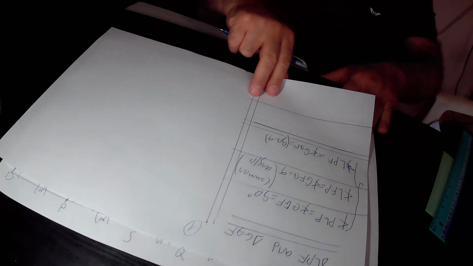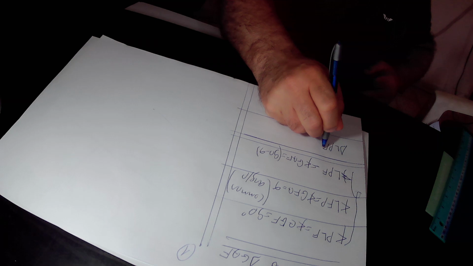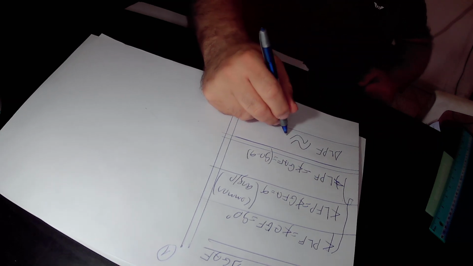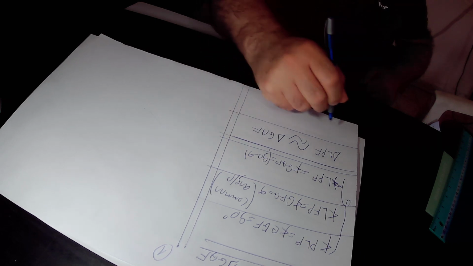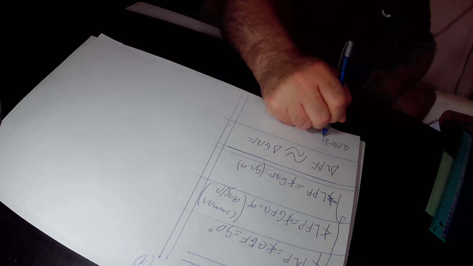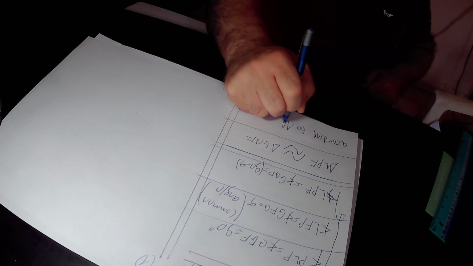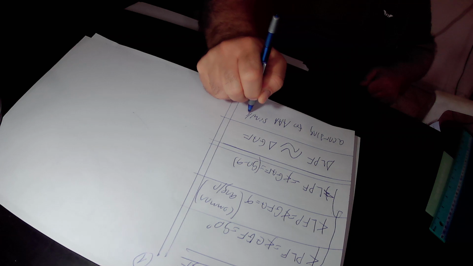We found out that the big right triangle LPF is similar, this is the sign of similarity, to the small right triangle GQF, according to the angle similarity rule.